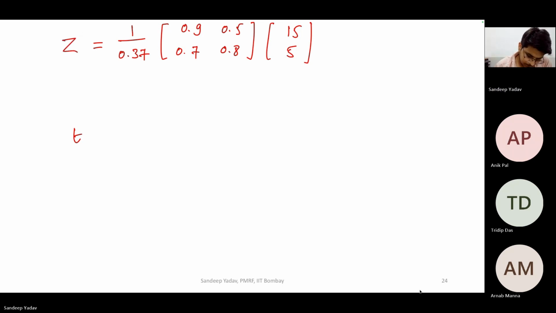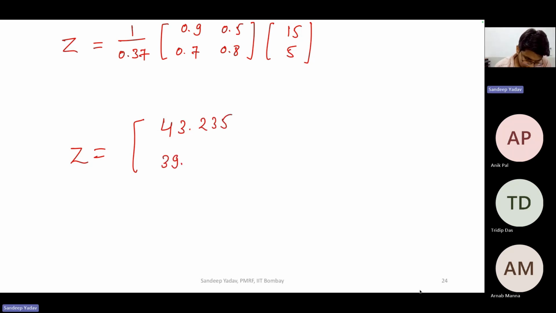So when we multiply these, finally we will get a column vector of 43.235 and 39.189.